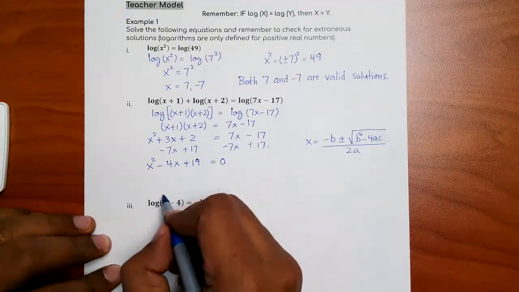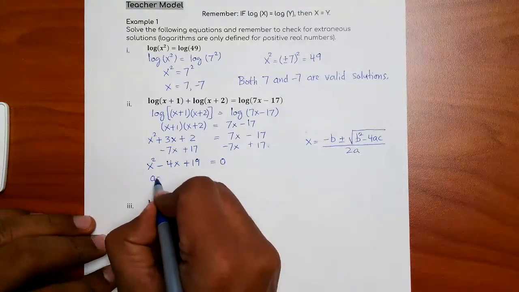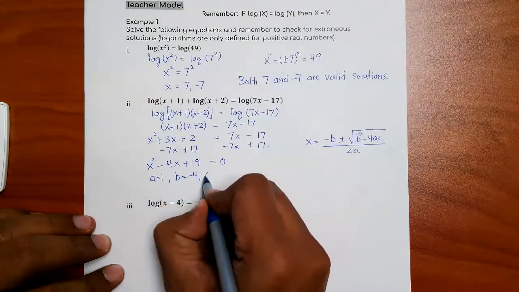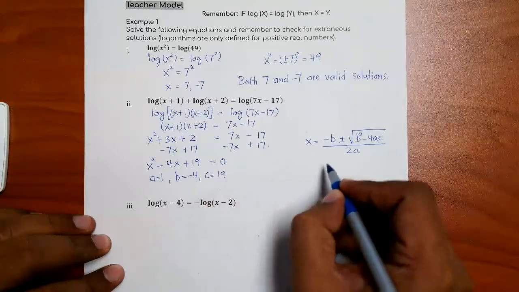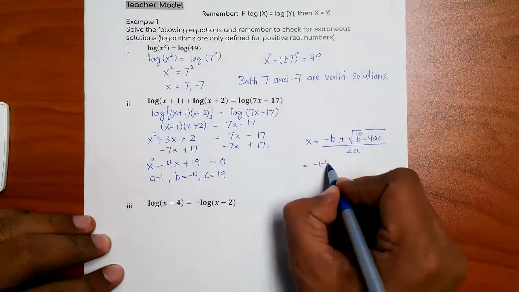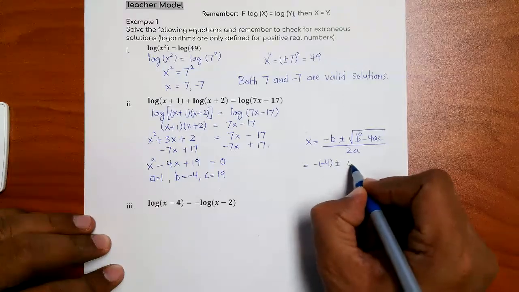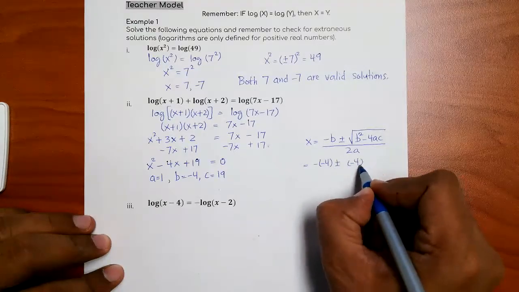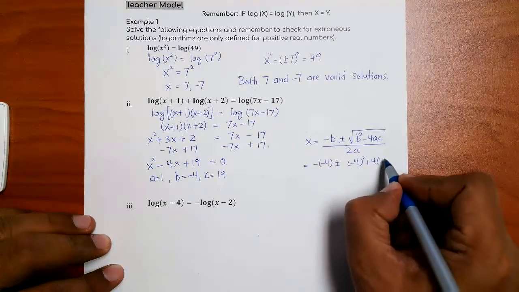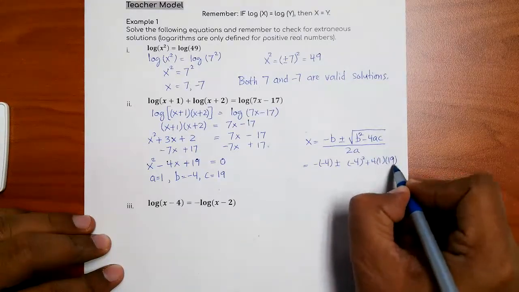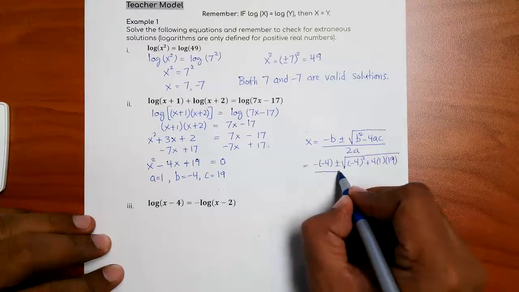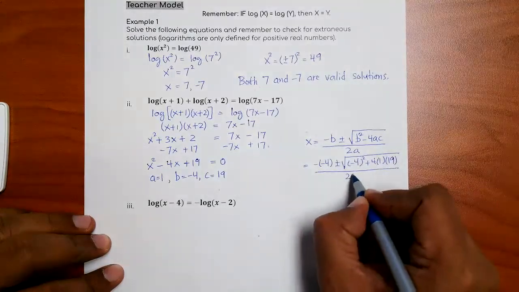So from this equation, we know that a is 1, b is minus 4, and c is 19. So we just plug those values here. Negative minus 4, plus minus square root of minus 4 squared minus 4 times 1 times 19, divided by 2 times 1.